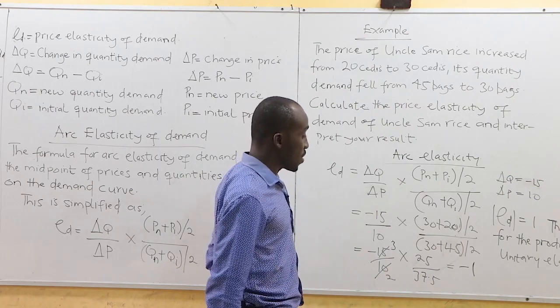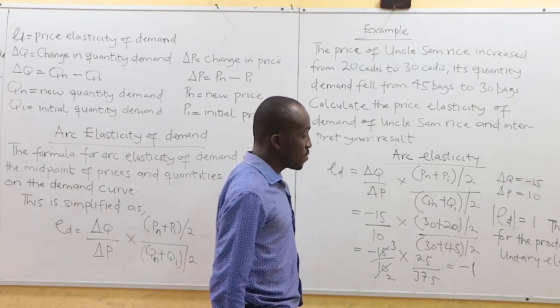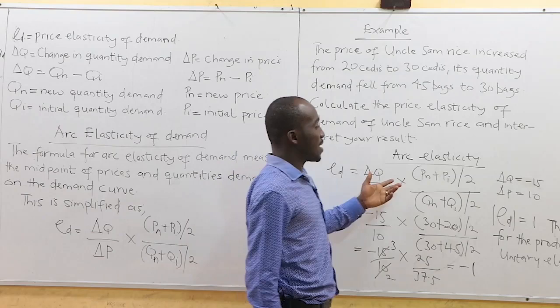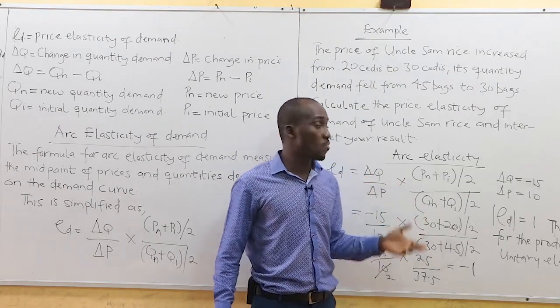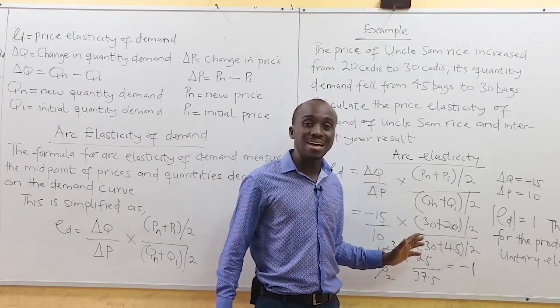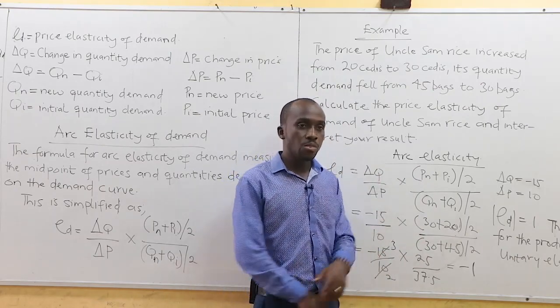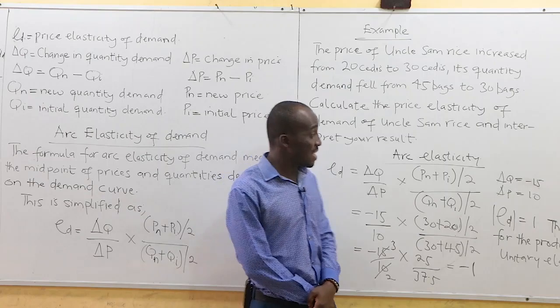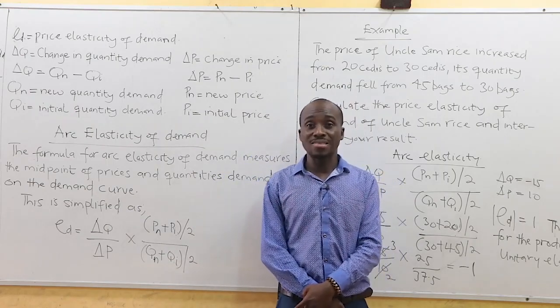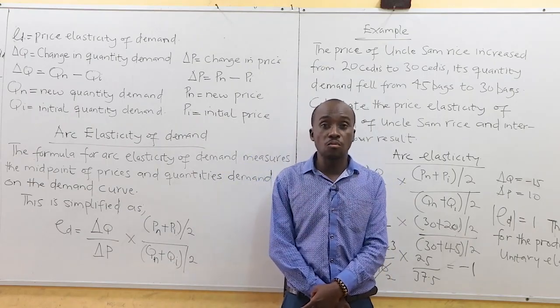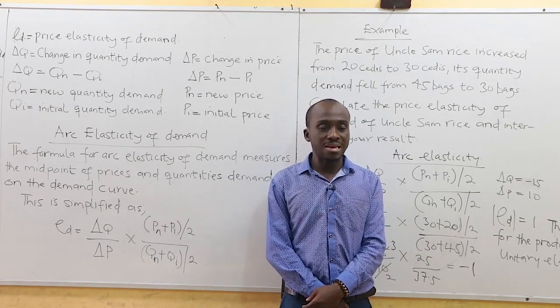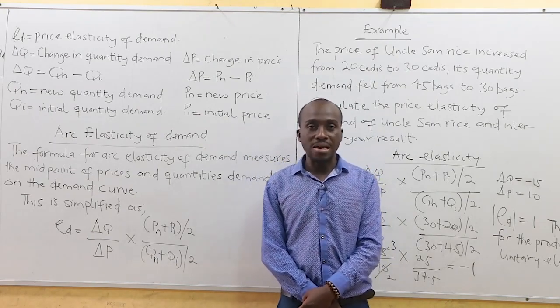Right? So you see that when you use the point elasticity approach and the arc approach, you get different answers, right? Yes, of course, you get different answers. They will not be the same. But the most important thing is that in most WASSCE questions, they let you use the point elasticity, right? So that's that, just to clear our minds.